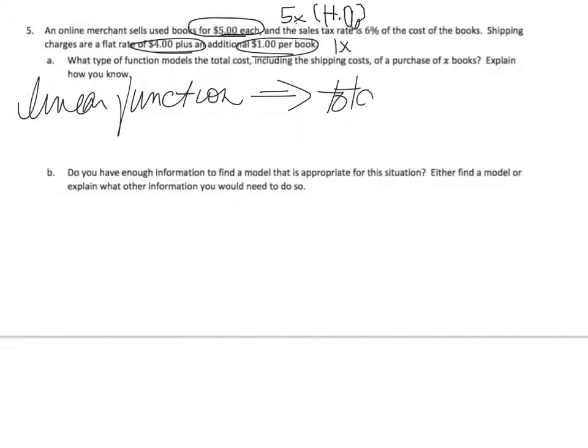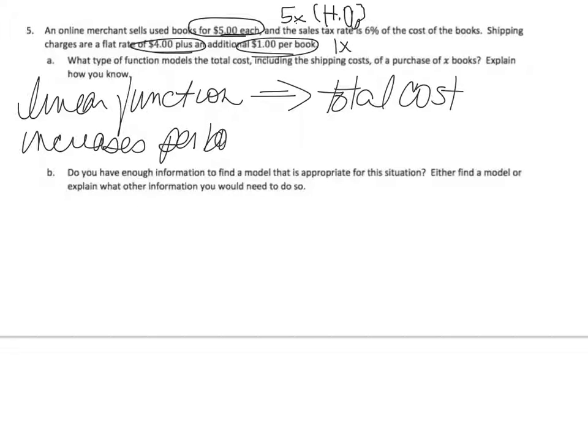Total cost of everything increases per book at a constant rate. It's not like it's an additional $1 per one book, $2 for 2 books. Well, that would be $1 per book. You know, $4 per 2 books, $10 for 3 books, etc. It's a constant rate. Everything increases per book.